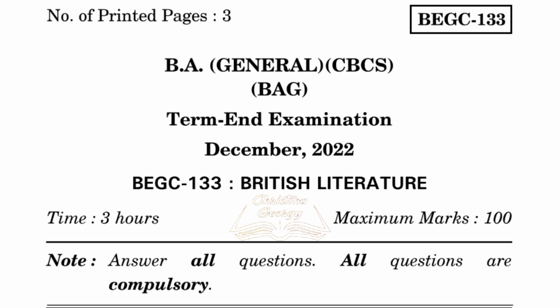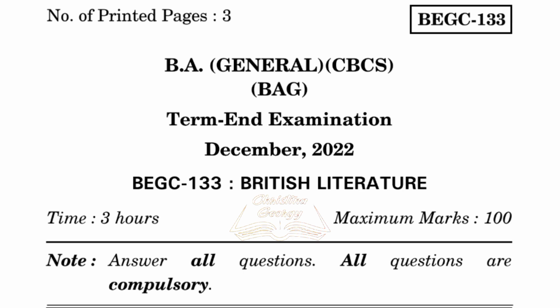So when you get your question paper, make sure that you check whether you have received the correct question paper. I was saying it is of great importance to be clear about the course that you are attending. For example, there is another batch, the BEGC third year batch, who has the same paper with a different course code.